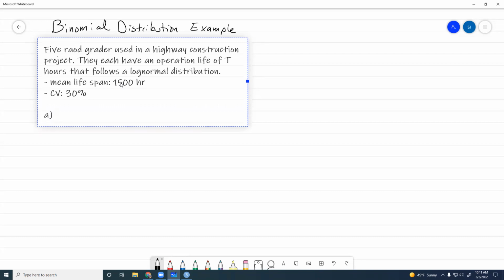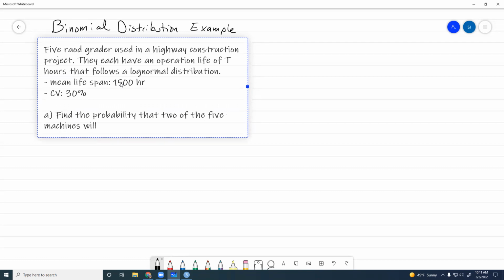The first question we're going to ask is we're going to find the probability that 2 of the 5 machines will malfunction within 900 hours. So we've got these machines, we kind of know the specs on them. They typically operate 1,500 hours until they need some sort of servicing, maintenance, overhaul, whatever.